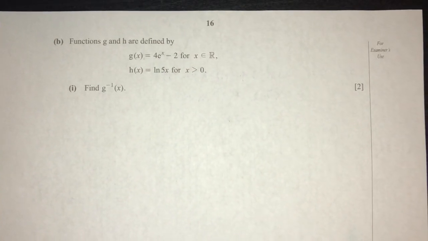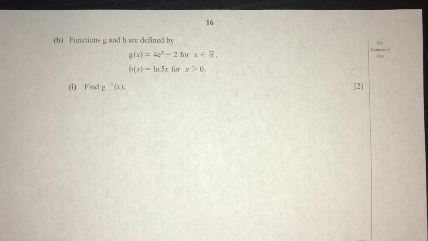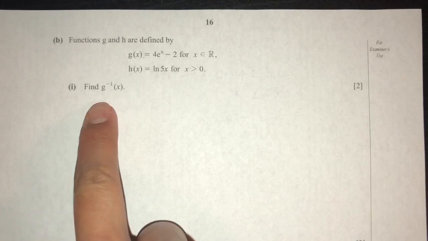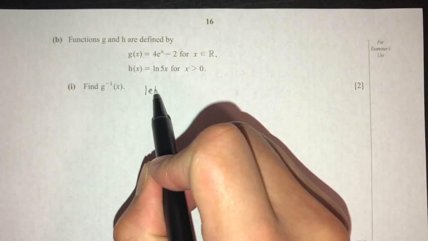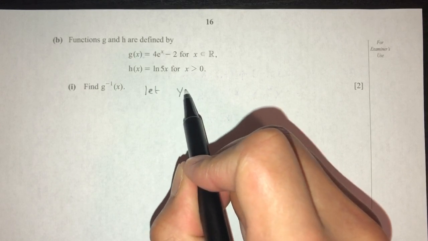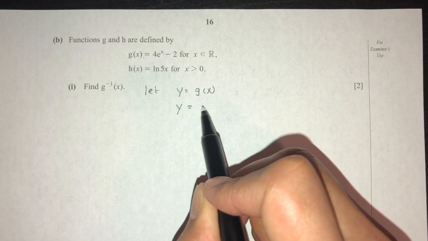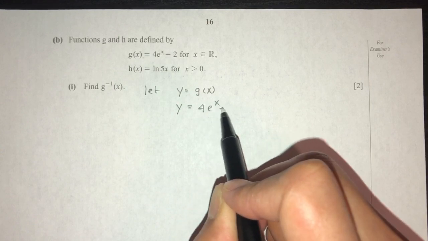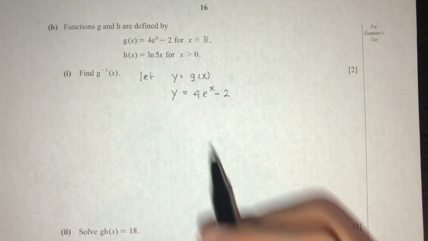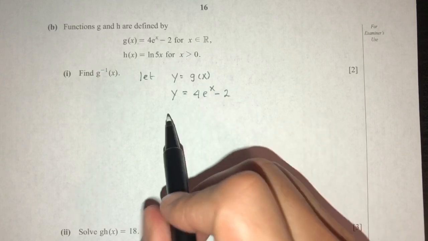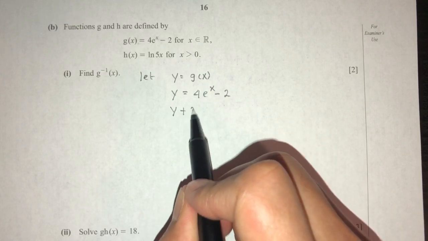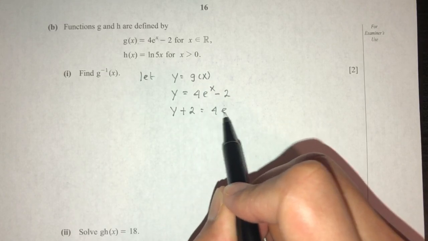Now for part B of this question, we have g and h defined by those, to find g inverse. So first let y equal to g of x. So y will be 4 exponential x minus 2. So to simplify, we have to make x the subject, so you will have y plus 2 equal to 4 exponential x.